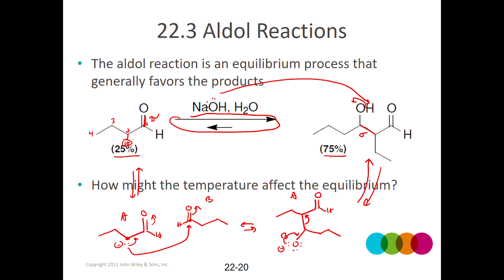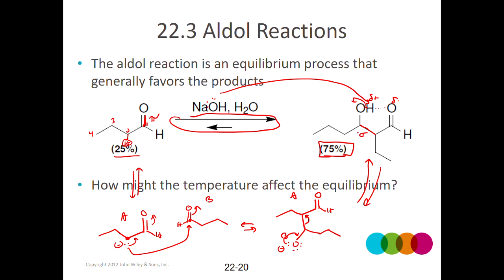So that's one reason why the product's favored. We're also producing a nice hydrogen bond here that favors the products. Those are really the only factors that are favoring the products in this case. So converting the pi to the sigma bond is the main thing that drives us forward.